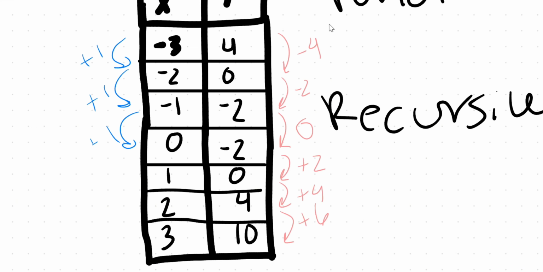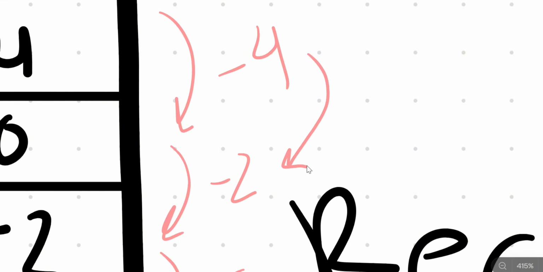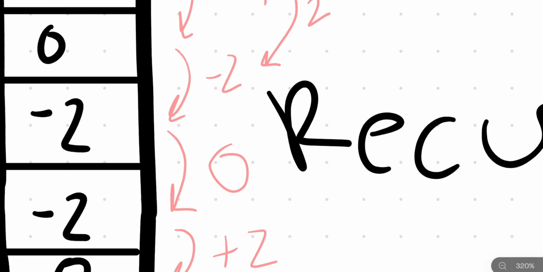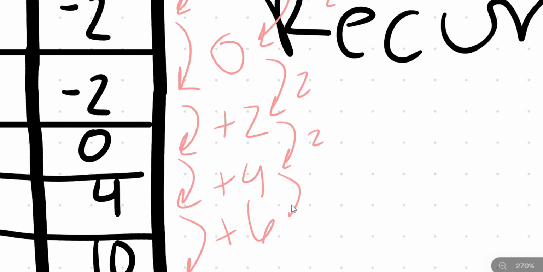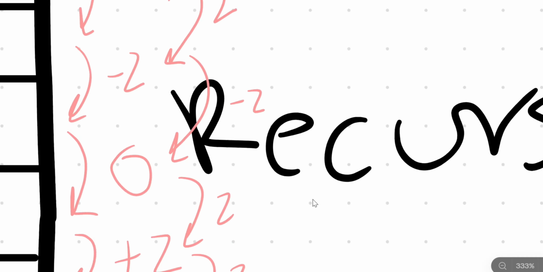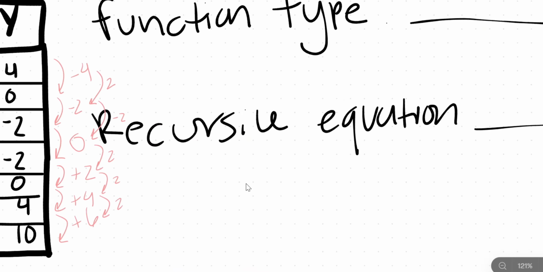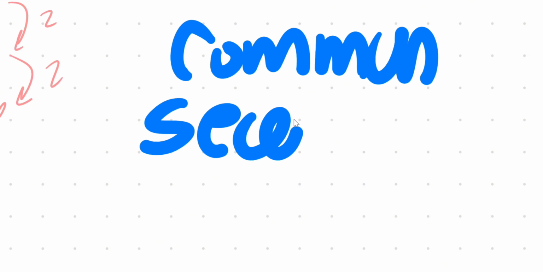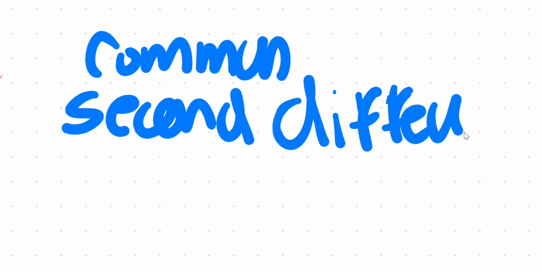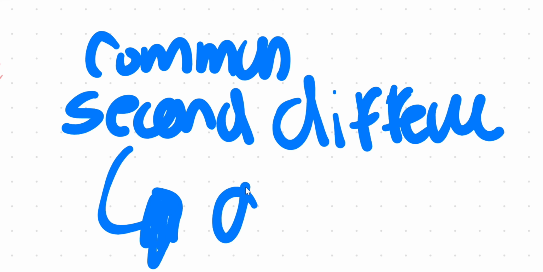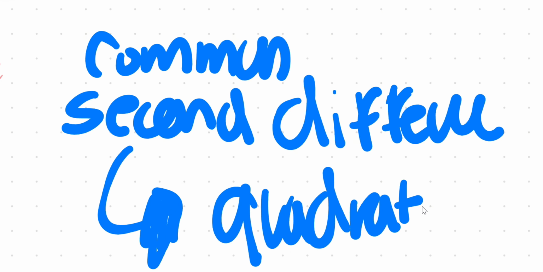Let's see if there's a common second difference. So there is a difference of 2 right here. Plus 2, 2, 2, 2. We can see that there is a common difference of 2 values, and we have a common second difference, then we know our function is quadratic, right?